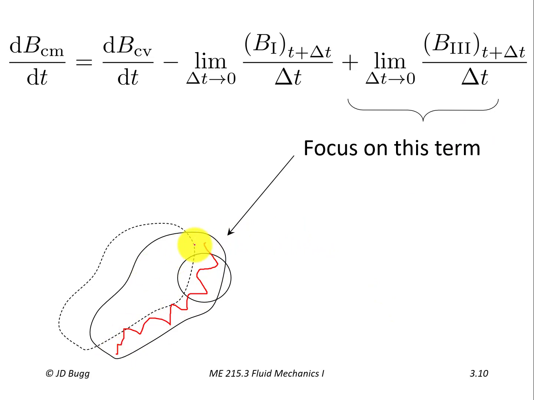Well, region 3 is the fluid that has moved out of our control volume during this time delta t. The only way that fluid can get into this region 3 is by crossing that line right there. So that's an exit region. This portion of the control surface is where fluid is leaving the control surface.